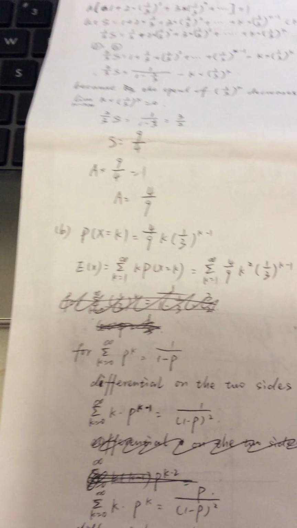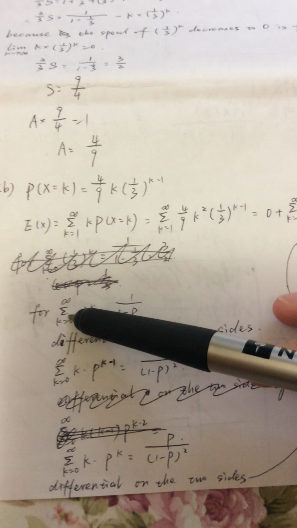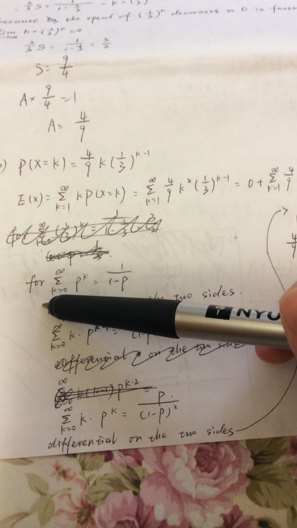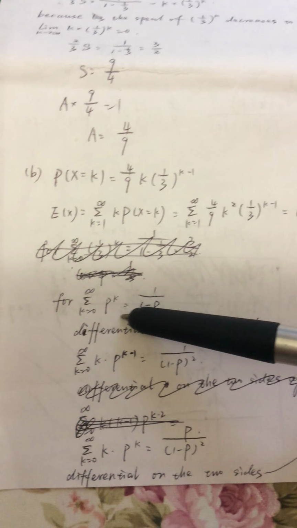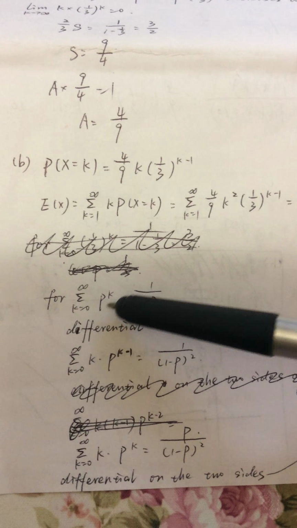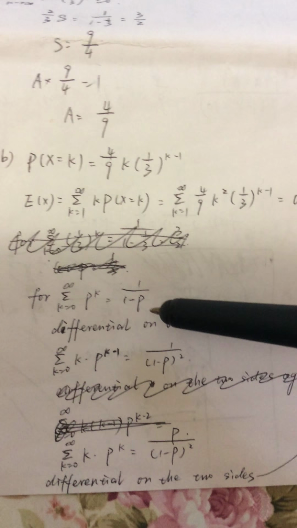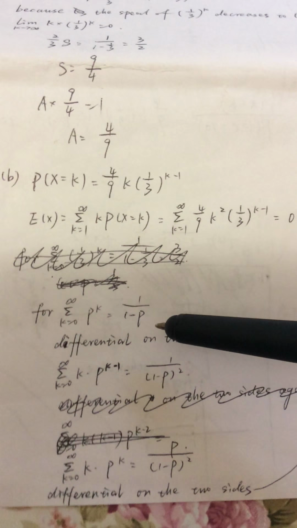Now let's look at another equation. This is a popularly used equation that the accumulation of p to the order of k, starting from k equals 1 to infinity, is 1/(1 minus p).